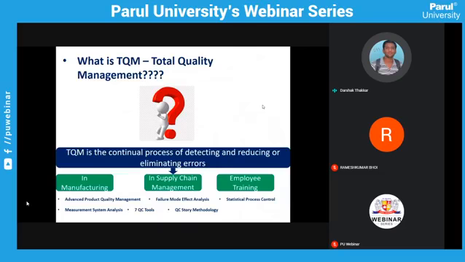So these are the basic tools to maintain quality in any industry. So the quality in terms of manufacturing, in supply chain management, and for getting the best quality, we have to train our employees also.